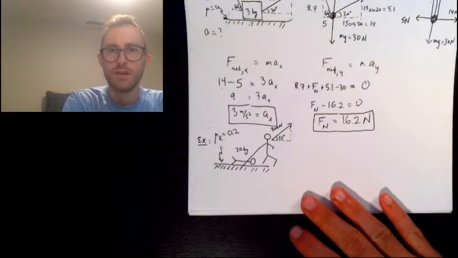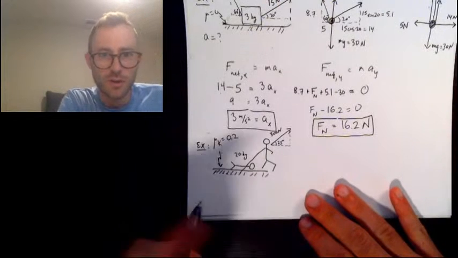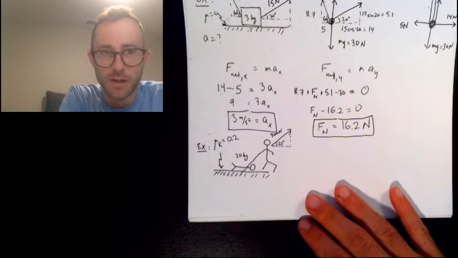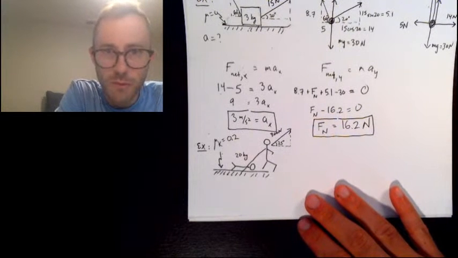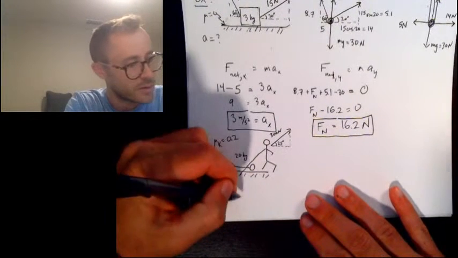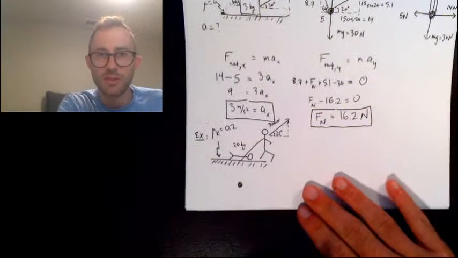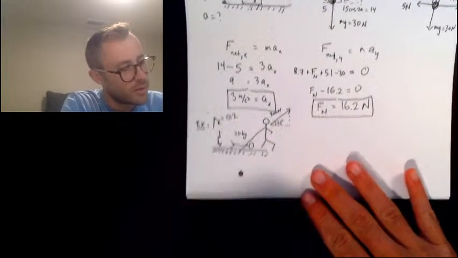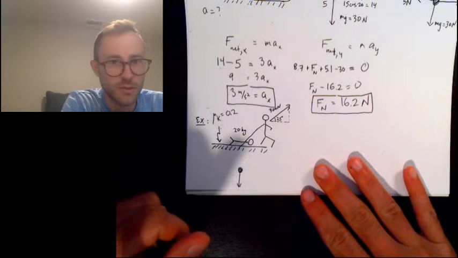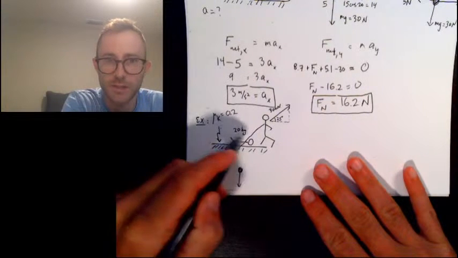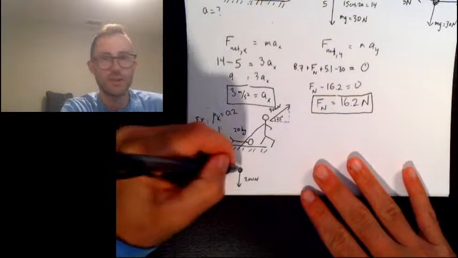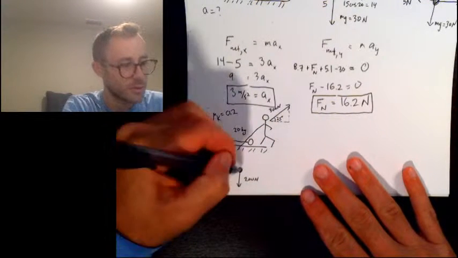Okay? So the first step is we want to draw a free body diagram of the forces on this child. I'm going to represent the child as a dot. The child has a weight force going downward, of size 200 newtons, 20 times g. There's going to be a normal force from the floor going up.